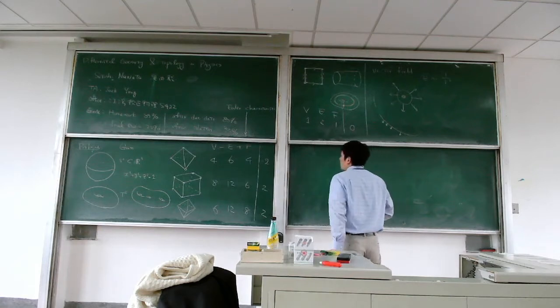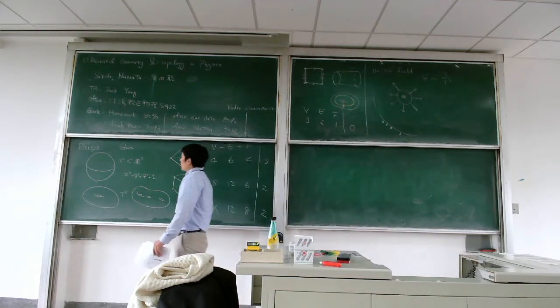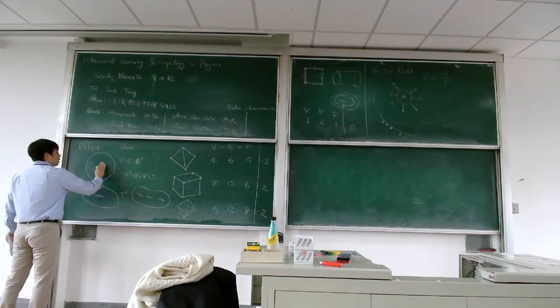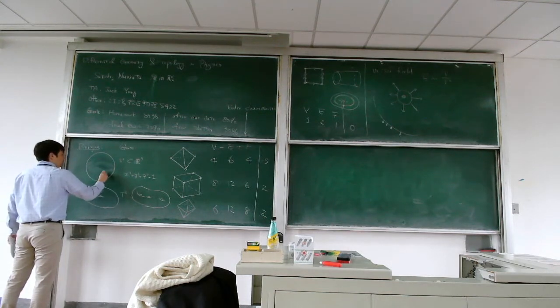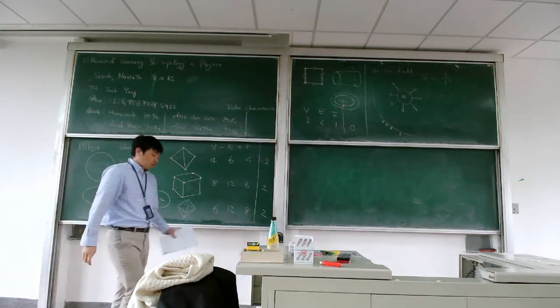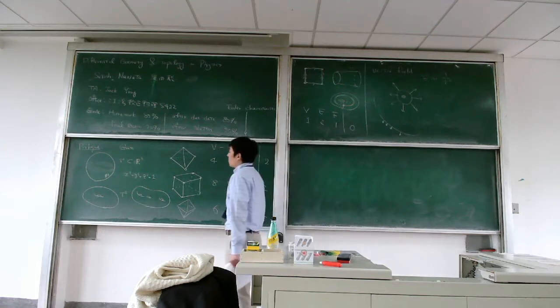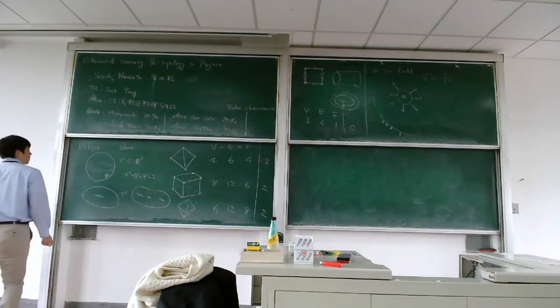So, for instance, let's consider a vector field on the sphere. One way to define a vector field on the sphere is as follows.